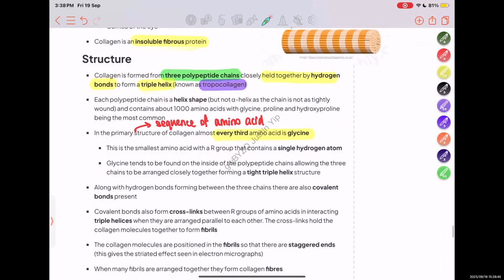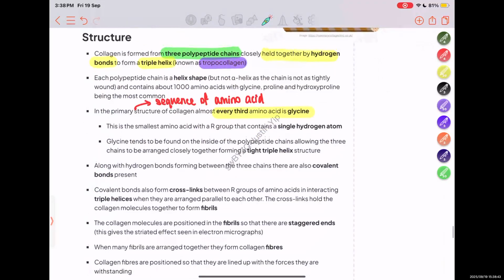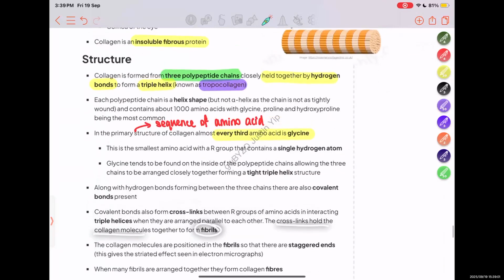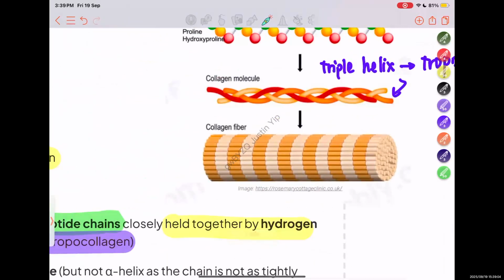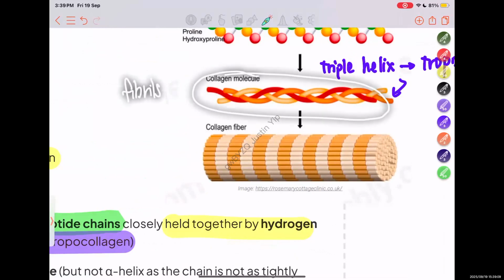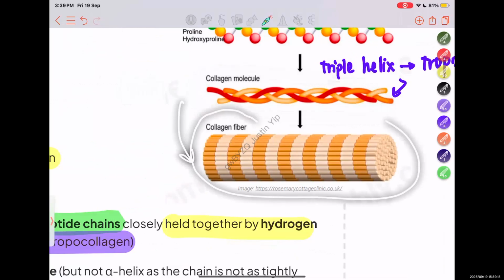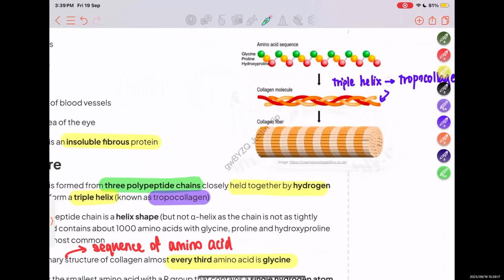And then after that, covalent bonds also form cross-links between R groups when the triple helices are arranged parallel to each other. The cross-links hold the collagen molecules together and form fibrils. Fibrils means the fibers coil together, and eventually all the fibrils arrange together to form your collagen fiber.